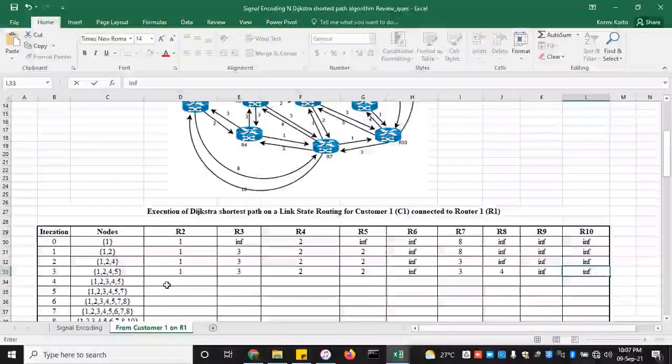Okay, so moving on, now we are at the fifth iteration where we do have 5 nodes to work with. And now we have 1, 2, 3 is now included, 4, and 5.